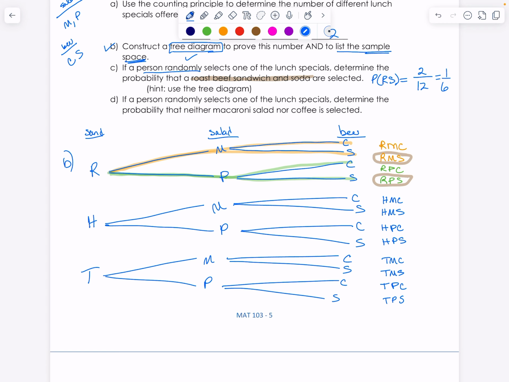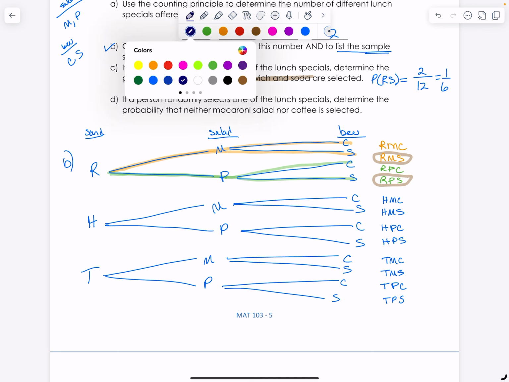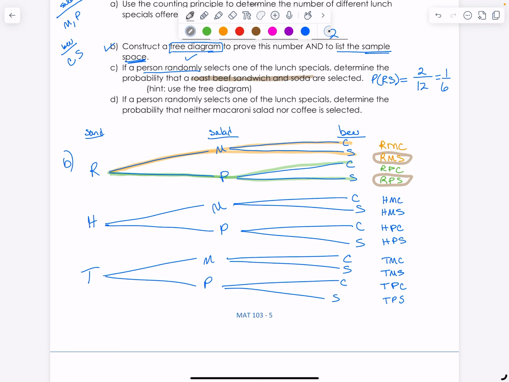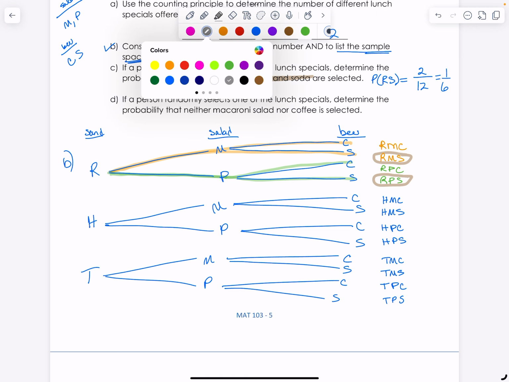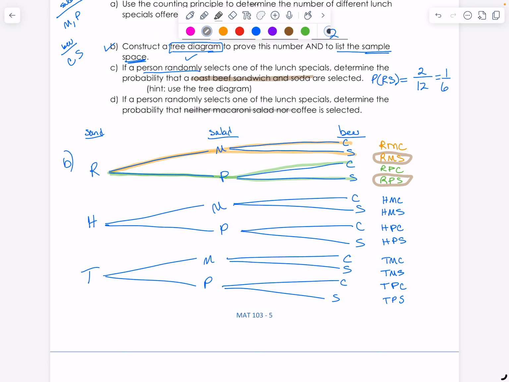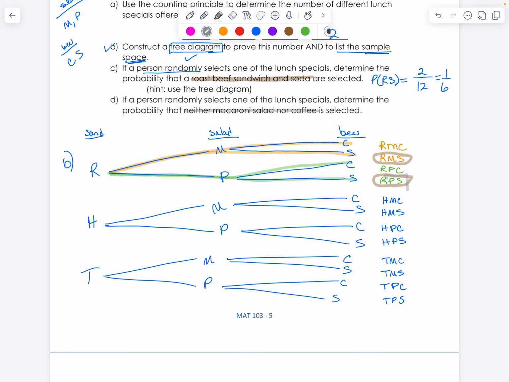Let's look at another one. This one says, what is the probability, let's do gray, determine the probability that neither macaroni salad or coffee is selected. Hold on. I thought I did it here. Sorry, y'all. Okay. So it cannot have macaroni and it cannot have coffee. So it has to have potato salad and soda.